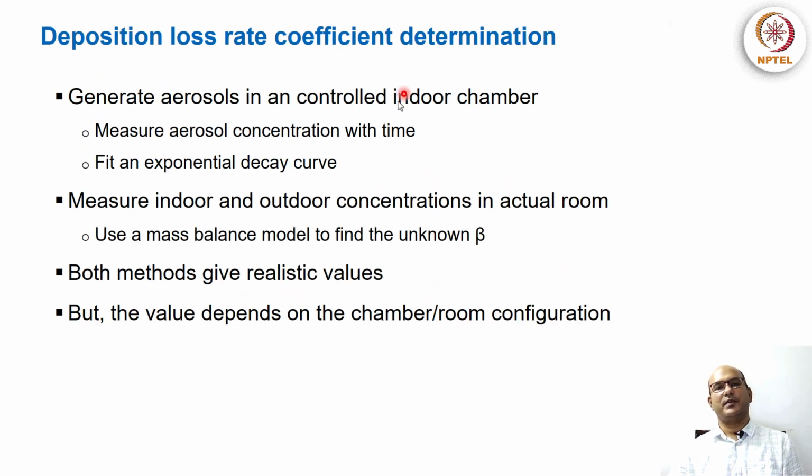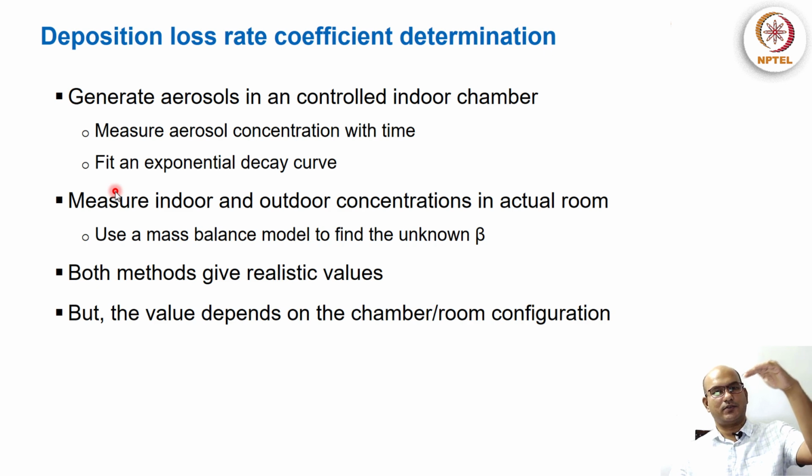The way it is determined is that one generates aerosols in a controlled indoor chamber and measures the aerosol concentration with time. So we will generate aerosols, and sometimes we will keep on generating, or other times one can stop generating, and then see the drop in aerosol concentration.